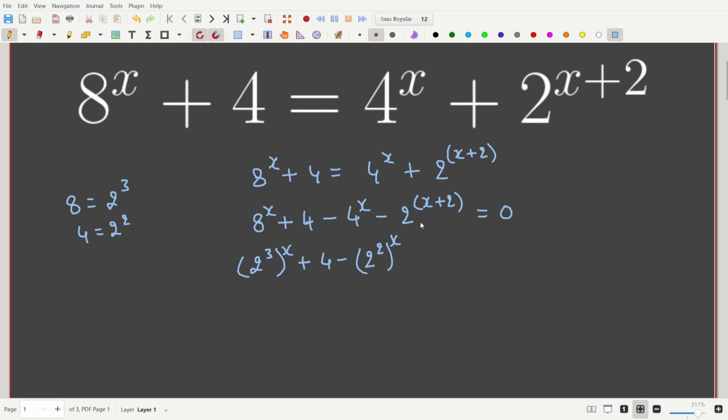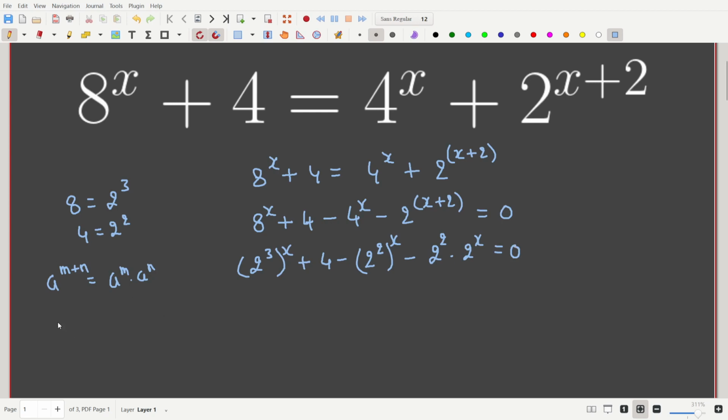Now the last term is of the form a power m plus n, which is the same thing as a power m into a power n. So this can be written as 2 raised to the power 2 into 2 raised to the power x, and this entire thing is equal to 0.